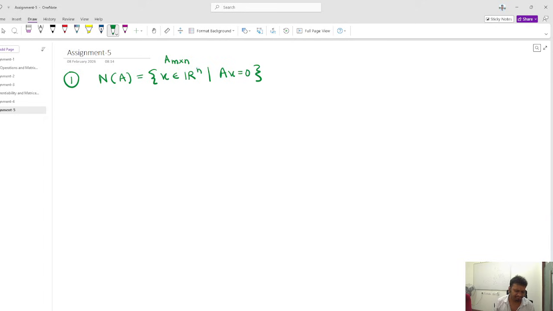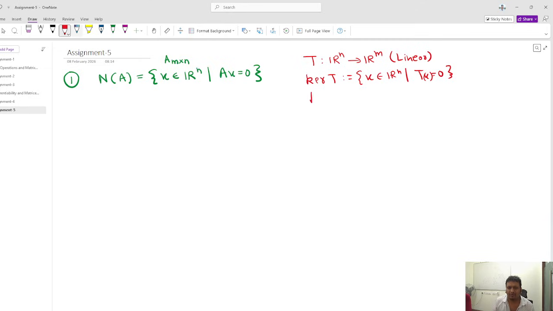Or it has another interpretation also. Since Sir has defined it, I can tell you: if you take a map T from Rn to Rm which is linear, then you have ker T, the kernel of T, defined as all such x in the domain such that T applied to x is 0.